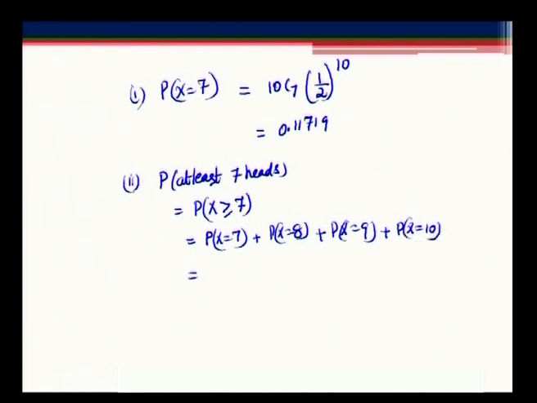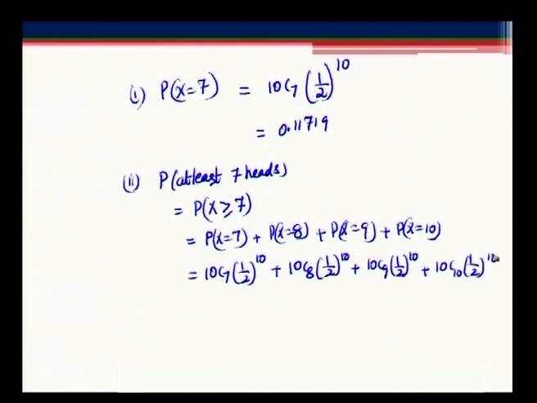P of x is equal to 7 is 10 c 7 (1 by 2) whole power 10, plus P of x is equal to 8 is 10 c 8 (1 by 2) whole power 10, plus 10 c 9 (1 by 2) whole power 10 for P of x is equal to 9, plus 10 c 10 (1 by 2) whole power 10. Okay. Taking (1 by 2) whole power 10 commonly outside, you have 10 c 7 plus 10 c 8 plus 10 c 9 plus 10 c 10.